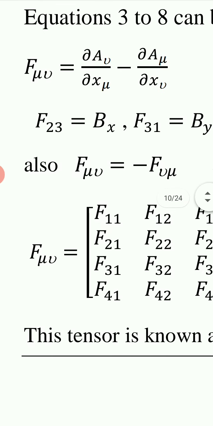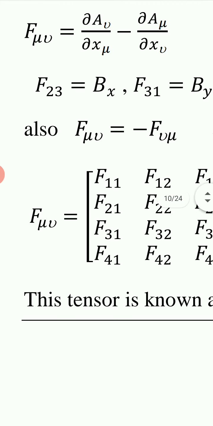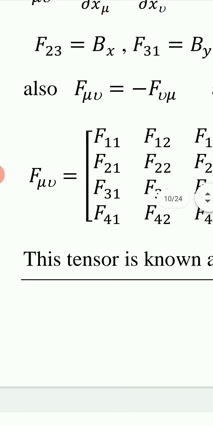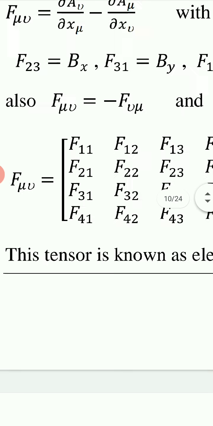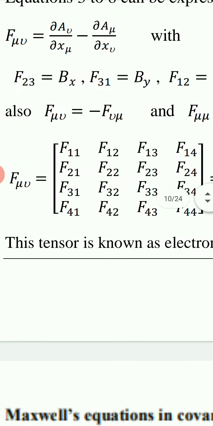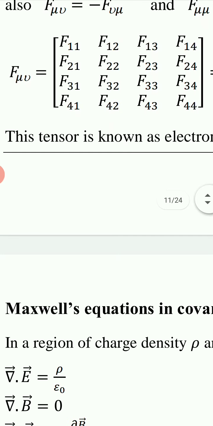This F mu nu has 16 components, and it is written in matrix form by this equation.